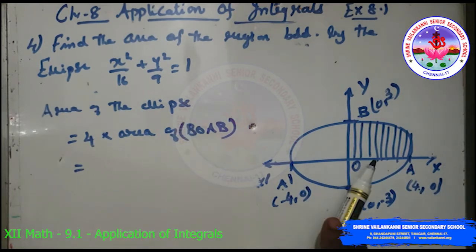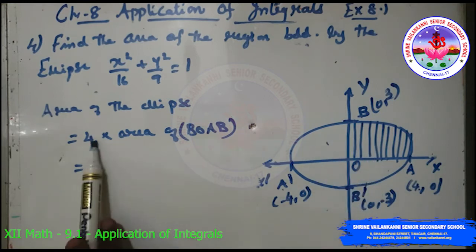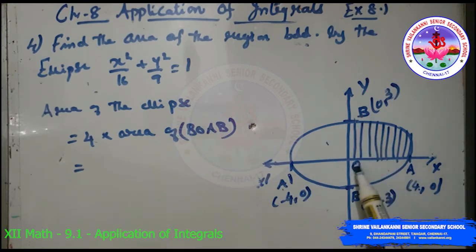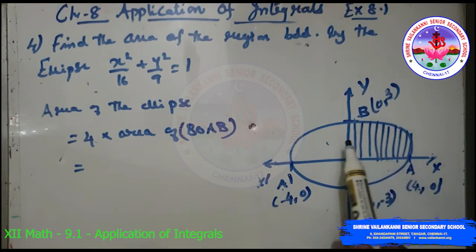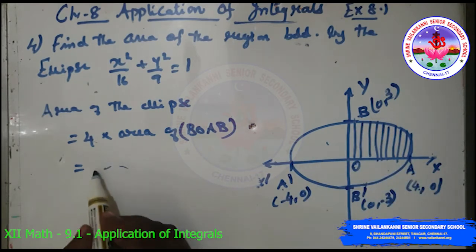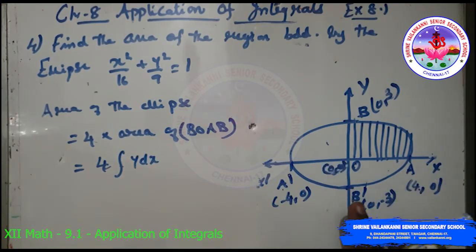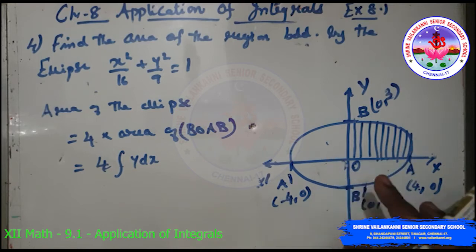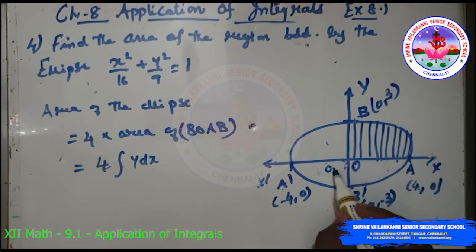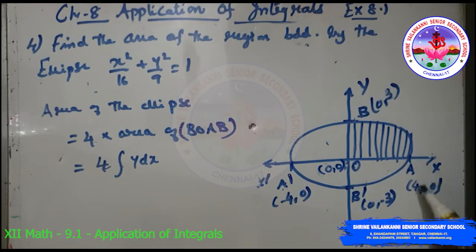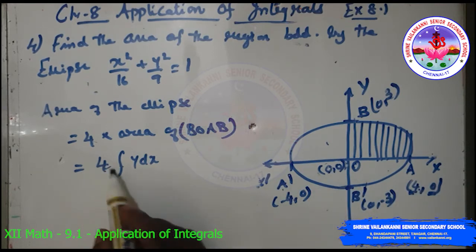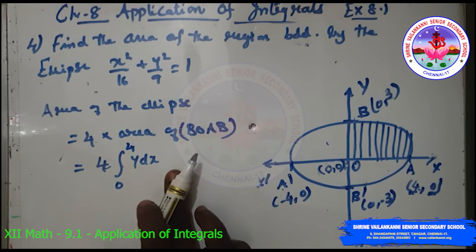So the area of the ellipse is 4 into area of BOAB, which is equal to 4 into the integral of y dx. Here it is origin (0, 0) and here it is A, which is (4, 0). So x goes from 0 to 4, which is 4 into integral 0 to 4 of y dx.